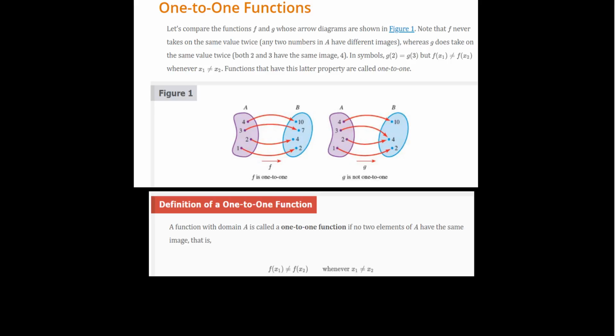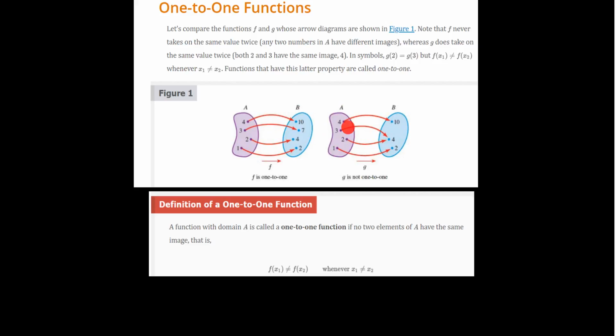So let's compare the functions f and g whose arrow diagrams are shown in figure 1. Note that f never takes on the same value twice. So if we were to look at this function here, going from set A to set B, notice how every one of them goes to only one element in set B. Whereas this one is not 1 to 1.